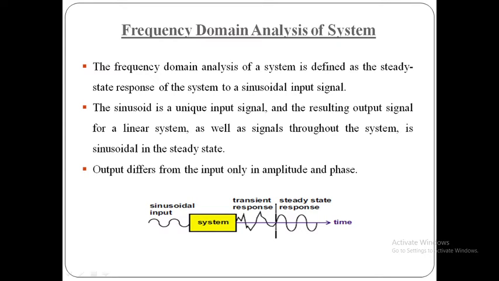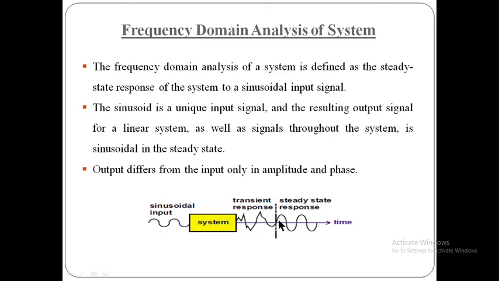Okay, so here we are. The frequency domain analysis of a system is defined as the steady state response of the system to a sinusoidal input signal. So whenever we have a sinusoidal input and we get a steady state output, you know what the steady state output is?